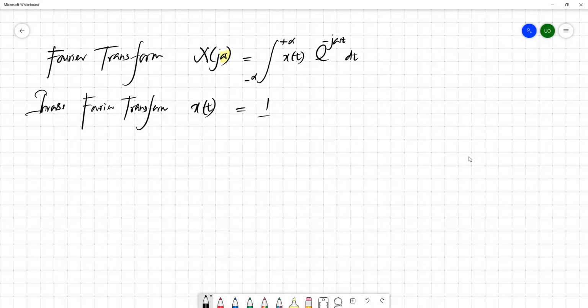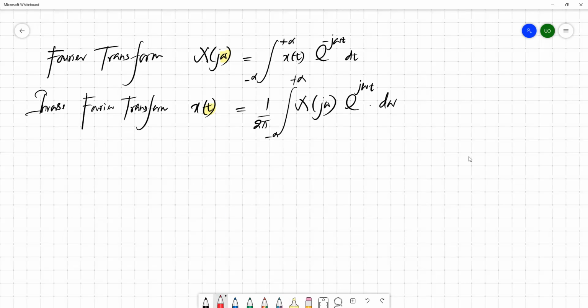So x(t) is 1 over 2 pi, the integral from minus infinity to plus infinity, where you have X(j omega) e to the power j omega t d omega. So this inverse is in t.